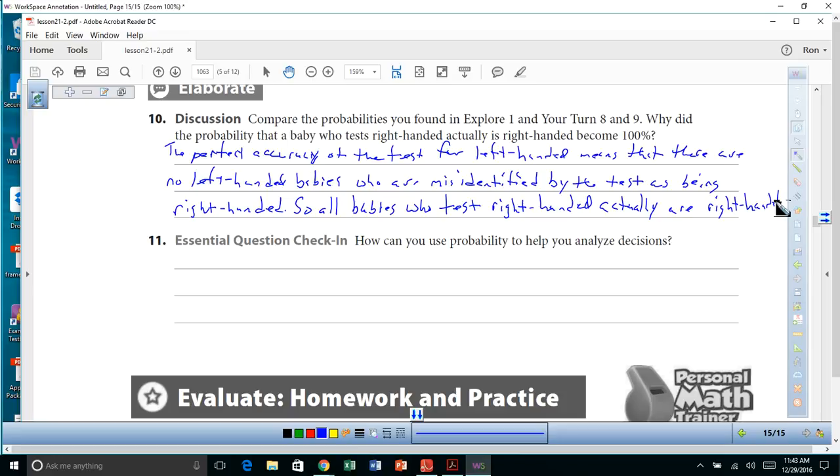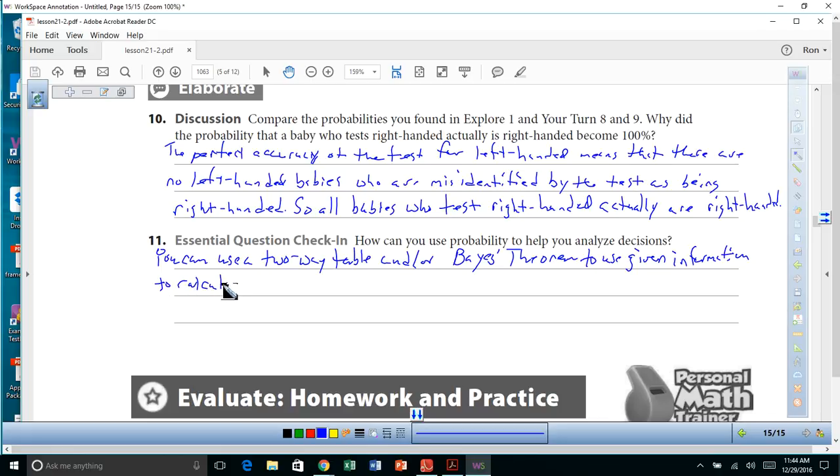How can you use probability to help you analyze decisions? Like we said at the very beginning, you can use a two-way table or Bayes' theorem to use given information to calculate a conditional probability.